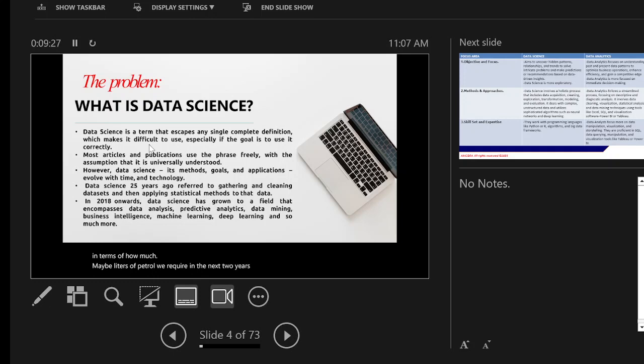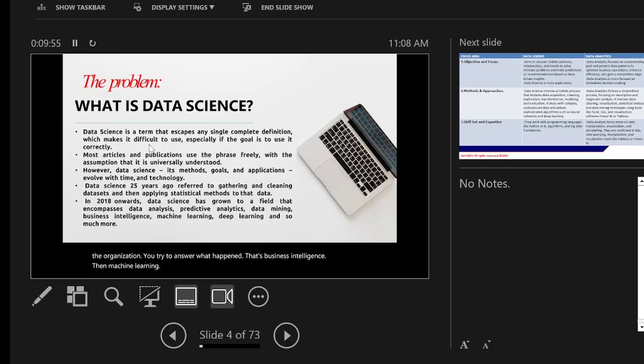Then data mining, where you are trying to look at information, maybe over the internet, that is not readily available. Business intelligence, as I have said, is where you have historical data in the organization and you try to answer what happened.